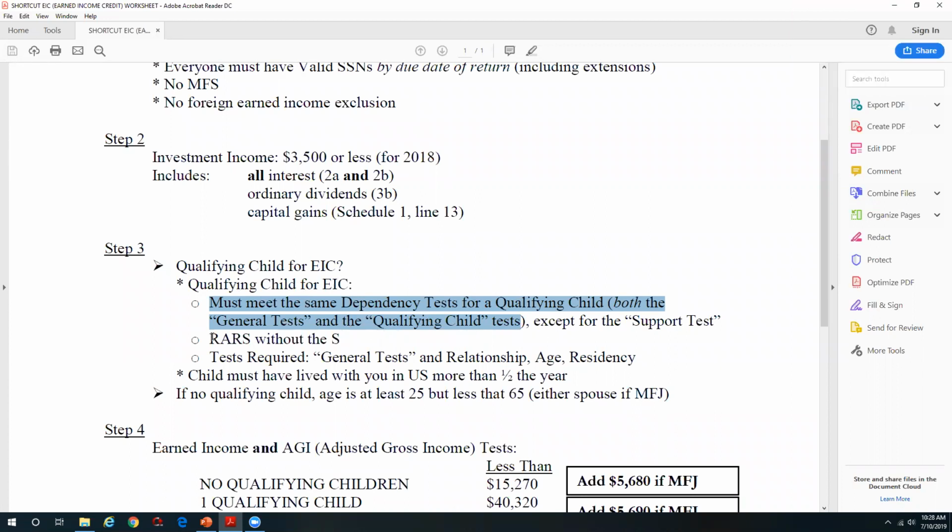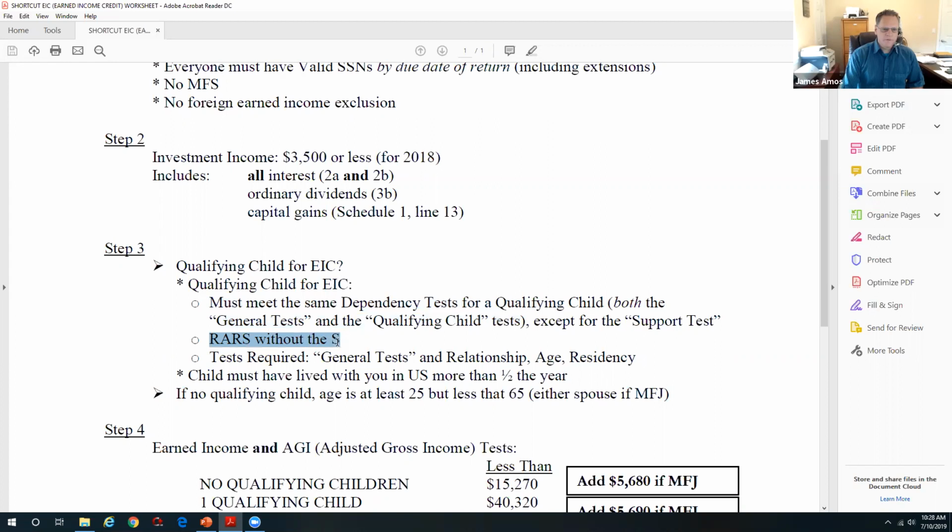In other words, this is what I want you to remember, and I think it's easier to remember: RARS without the S. You must have a qualifying child by definition, RARS without the S. So if the child happened to be a full-time college student and he worked enough during the summer that he's providing more than half of his own support, would he qualify as your dependent?